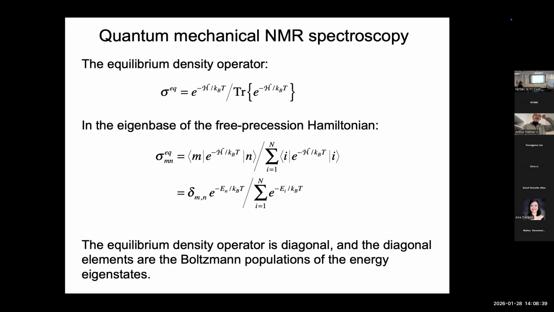So the equilibrium density operator has this form, e to the minus h over kT, where h is going to be, for us, H naught, the Hamiltonian where we just have the static field, where we haven't turned on any fields, normalized by the trace of that operator, where trace, remember, is the sum of the diagonal of the matrix representation.